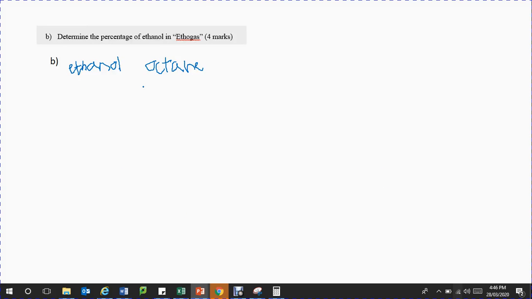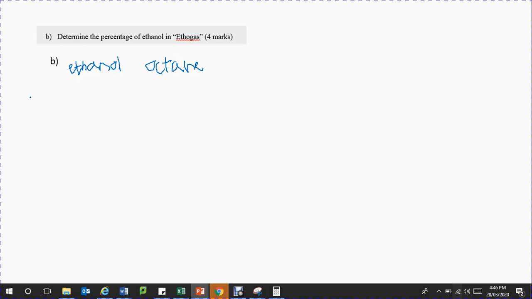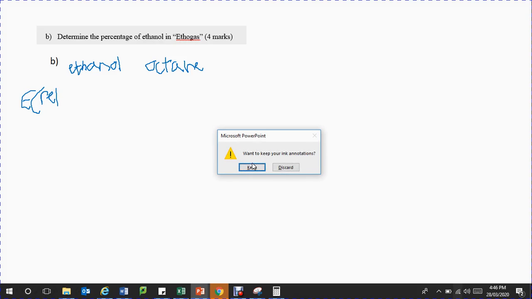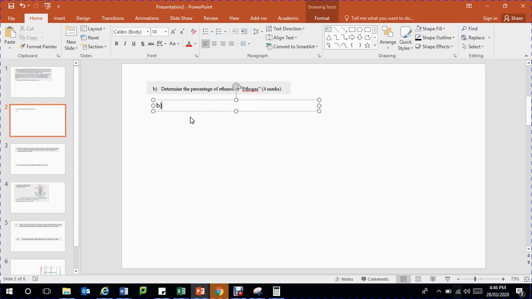In the previous question we worked out what the calibration factor was. Using the calibration factor, we can work out what the energy released was when that fuel was combusted. So we've got ethanol and we've got octane in the fuel.